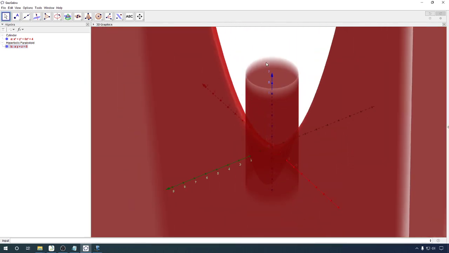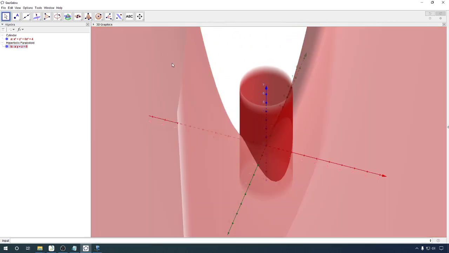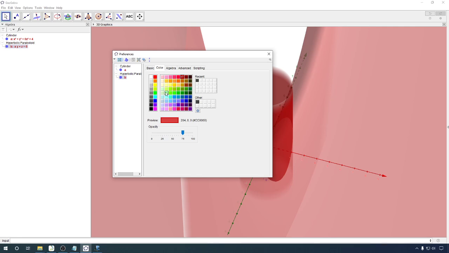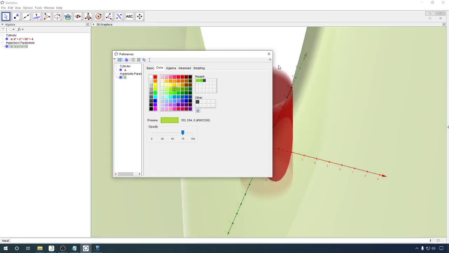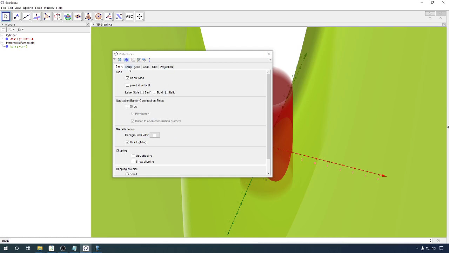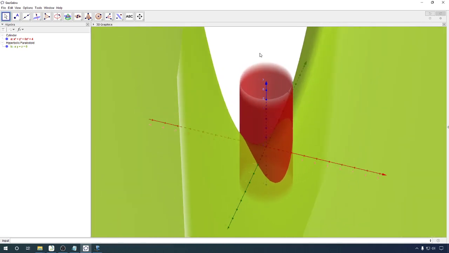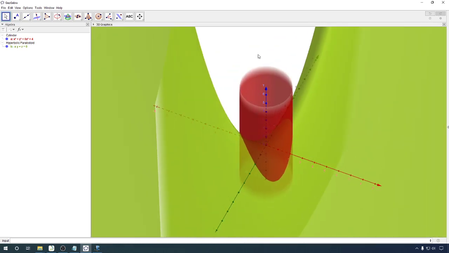It's kind of a shape like that. Maybe let's give it a different color just so it looks a little bit different. Let's pick a... oh, that's a little too bright. Does that work? I guess I'll stick with that. So we get a surface like that.